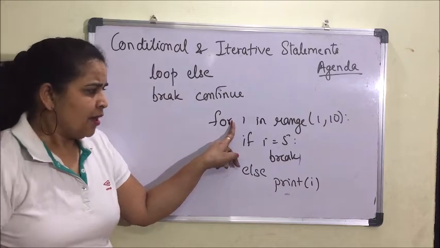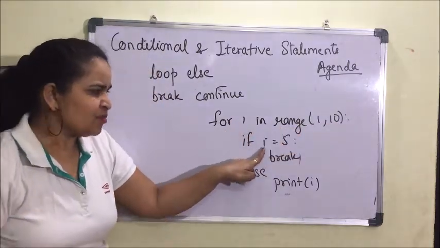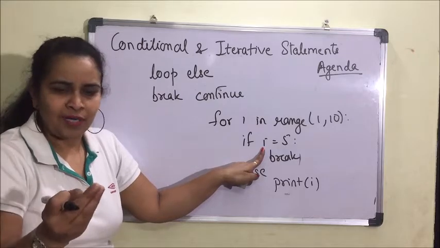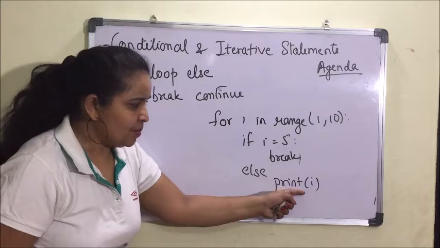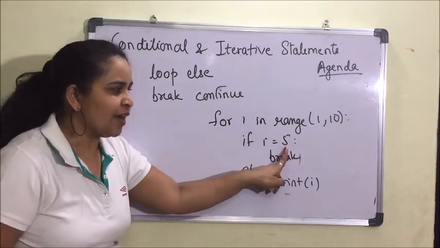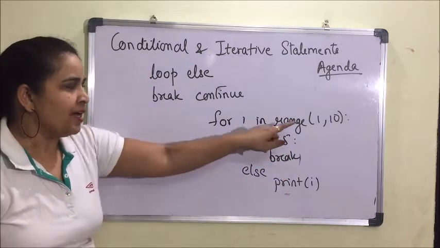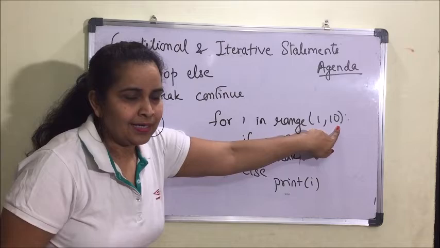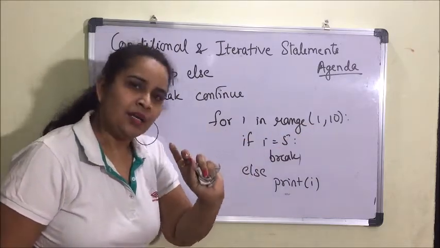In this case this loop would execute 10 times. The values of i are 1, 2, 3, 4, at that time it will go to else and print 1, 2, 3, 4. As soon as the value of i is 5, it will break, meaning it will come out of the loop and this loop will not execute 10 times. It will only execute 4 times: 1, 2, 3 and 4.